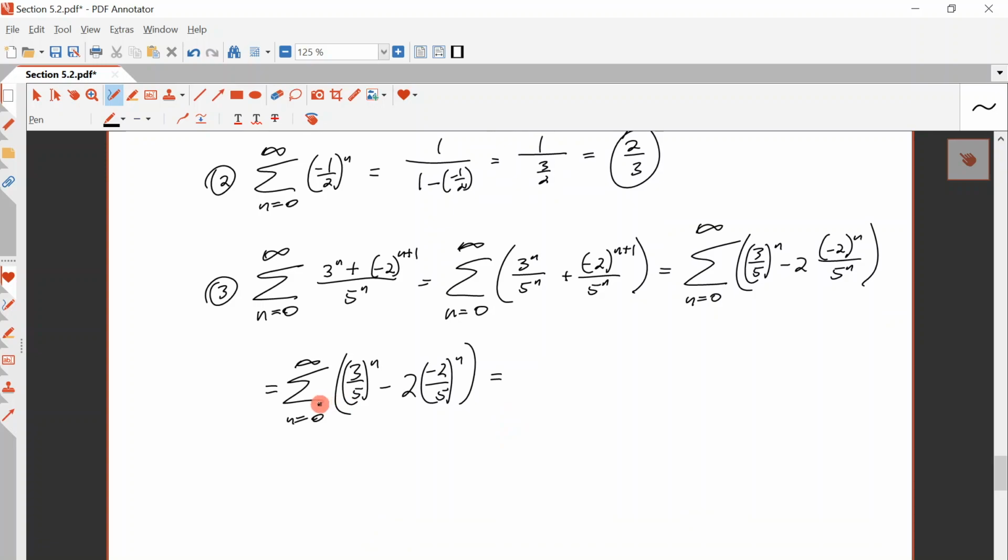So I have a sum of a sum. But addition is commutative, so we might as well split them up like this.